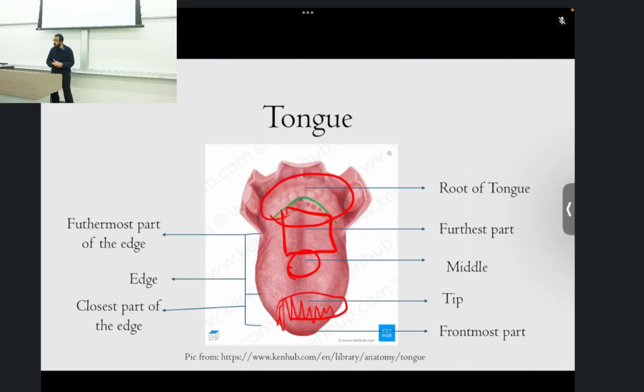Now, sometimes I'll tell you the edge. So when I tell you the edge of the tongue with the molars, then you know what I'm talking about. So I have the furthest part of the tongue, this area. Then I have the middle, and then I have the tip. Okay?